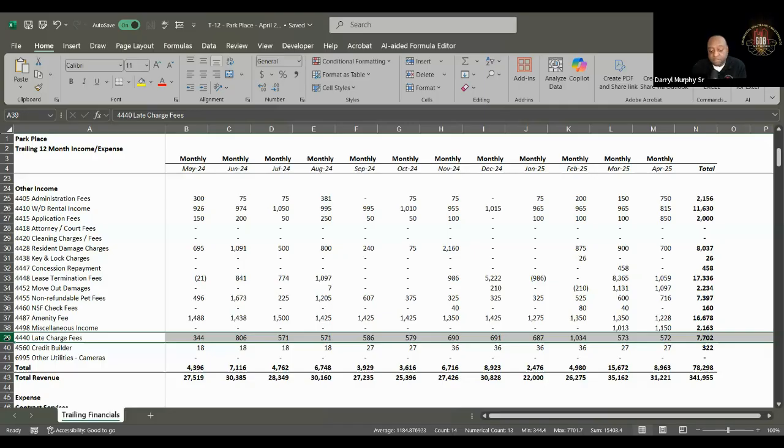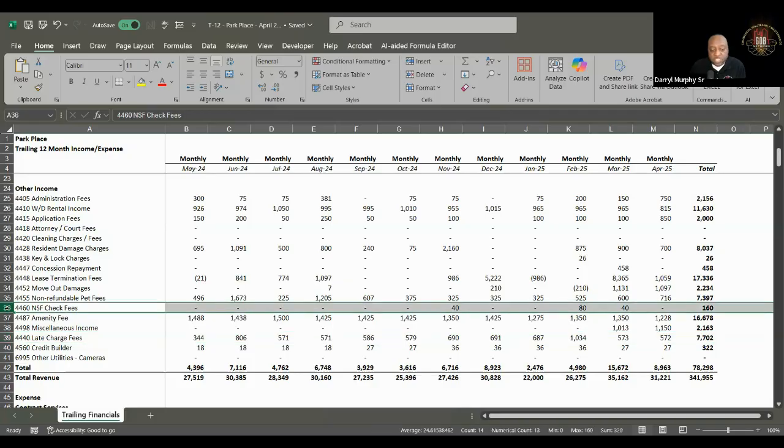I know you're going to have late fees. I thought I could get rid of late fees, to be honest with you. But even at the property in Dayton, we have people that pay late. But guess what? We minimize those late fees to where it's not like $7,000, with our system that we put in place.